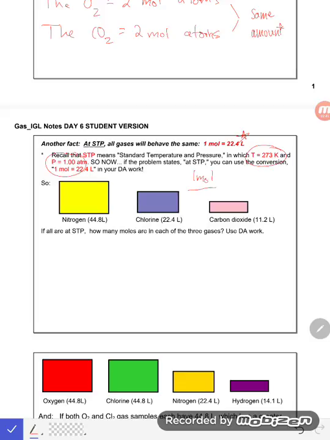We're going to be able to write out some conversion factors, and this formatting should look familiar to you. We'll use dimensional analysis to cancel out units along with that. So let's take a look here. Again, if all of these gases above are at STP, how many moles of each gas would be present?